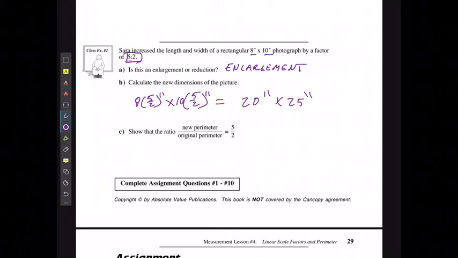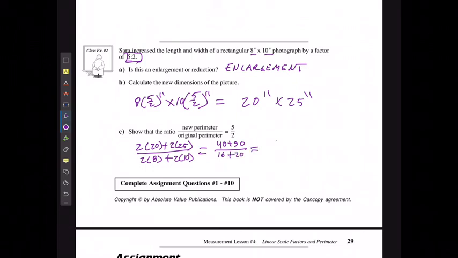If I want to show that the ratio is going to match in terms of the new perimeter and the old perimeter, then I would say that 2 times 20 plus 2 times 25, the new perimeter, divided by 2 times 8 plus 2 times 10, the old perimeter, is going to give me 40 plus 50 over 16 plus 20.